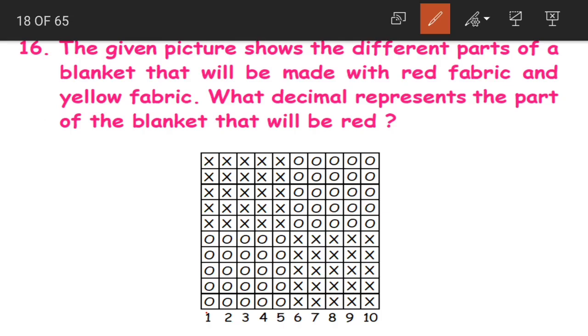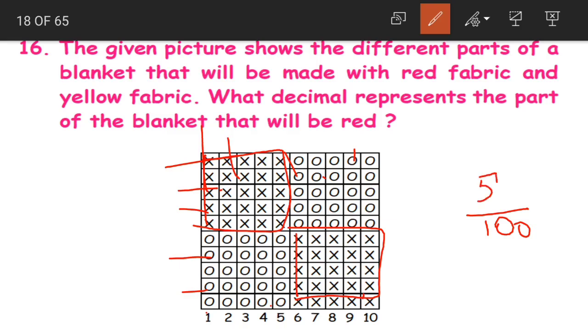Or if you want, you can count the total number of rows and columns here. I mean, we are having 10 columns and 10 rows. So in total we are having 100 blocks, and from that these are 25 plus 25. We are having 50 blocks in red color. Yes, 50/100 is the fraction representing red color.